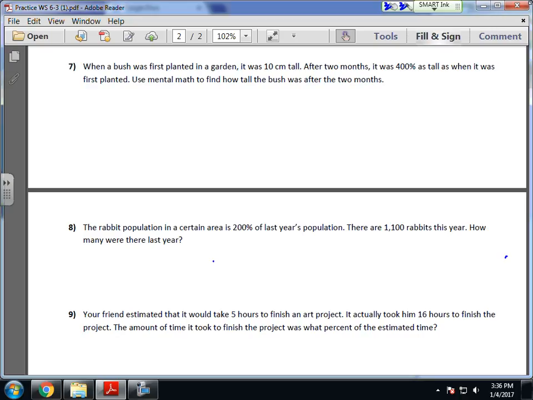We're going to use the formula like we've been doing. Okay? So do I know what the percent is? We do, it's 400. Where are we going to put the 10 centimeters? Yeah, I'm going to put it down here.